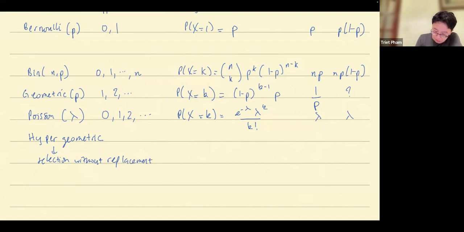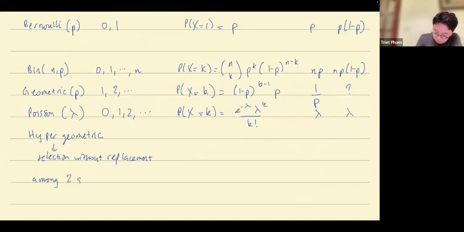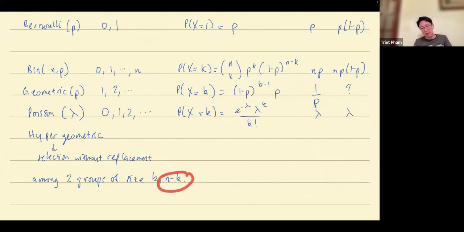Let's say among two groups of size, let's say, k and n minus k. So basically you have k red balls and n minus k blue balls, and then your sample size can be something like r.